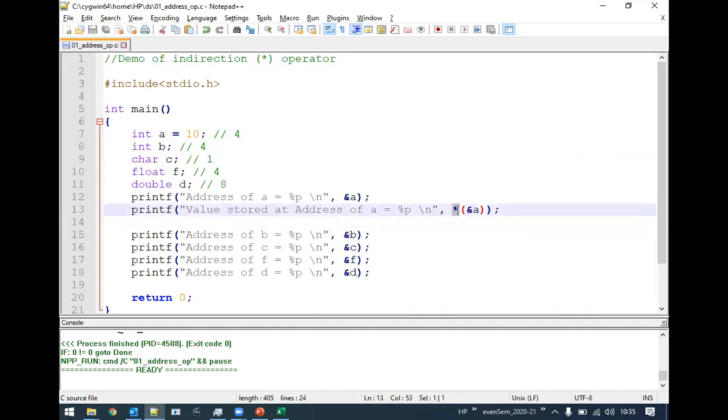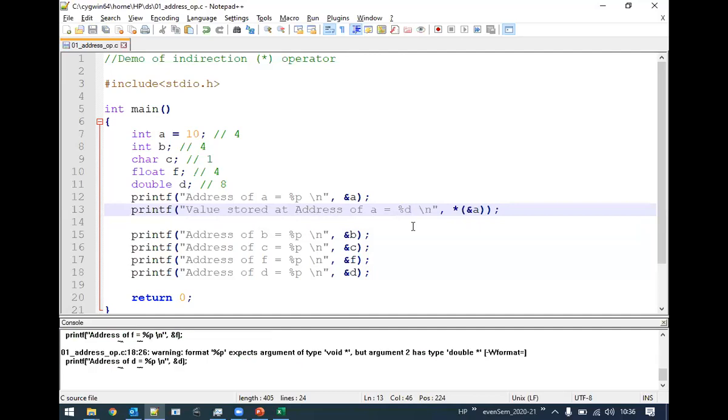What is that address? Address of A. So at the address of A, what value is there? That is 10. Since 10 is an integer number, yes or no? So the format specifier will now change to %d.